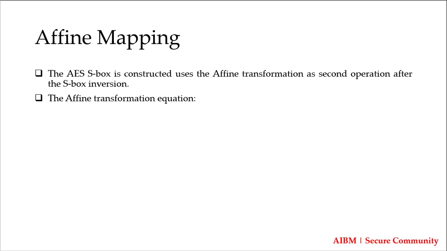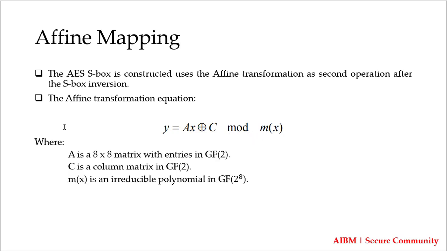The affine transformation equation is y equal Ax XOR c mod m(x), where A is an 8 by 8 matrix with entries in Galois field 2, c is a column matrix in Galois field 2, and m(x) is any irreducible polynomial in Galois field 2 to the power 8.